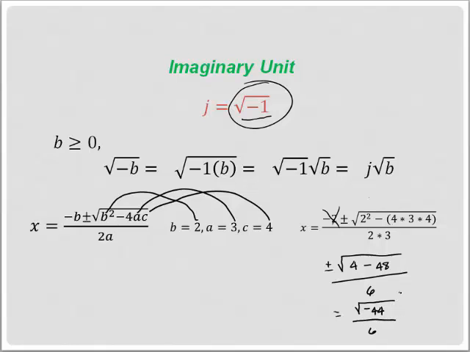So here we are with exactly what we were wondering about, a negative number underneath the radical. That negative number would come out as j and then the square root of 44. So that gets us started.